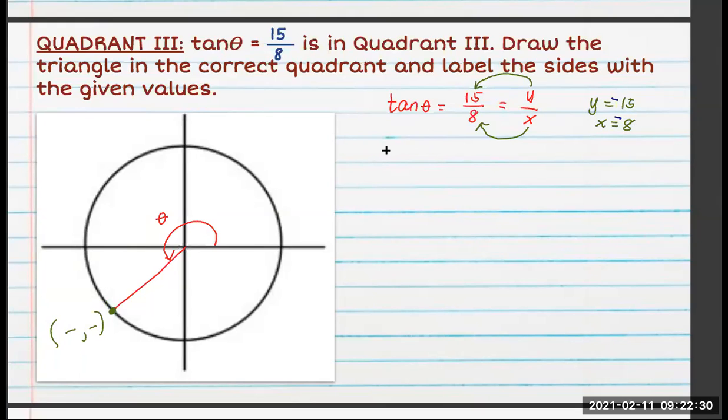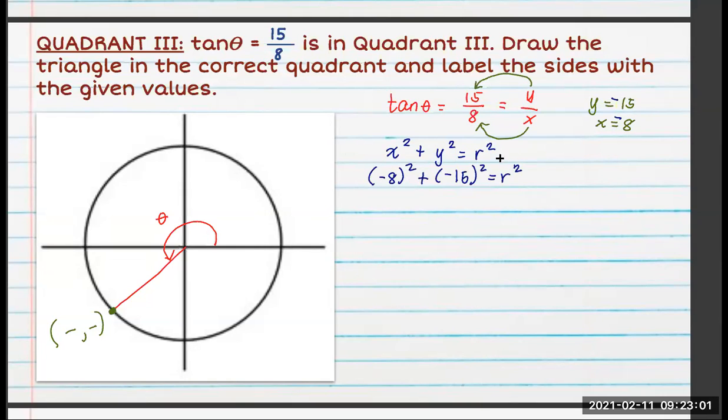So we're missing the r. Let's solve for r. You have x squared plus y squared is equal to r squared. So we have negative 8 squared plus negative 15 squared is equal to r squared.